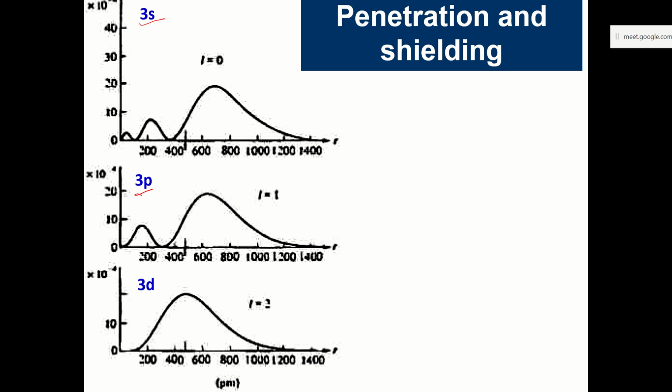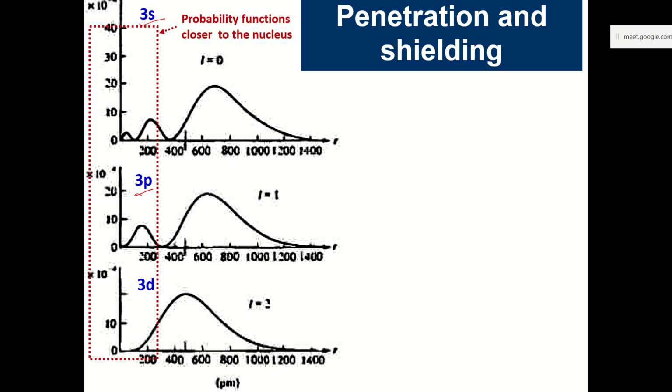Look at this point, very close to the nucleus. What do you observe? The 3s electron has a finite, non-zero probability. Look at this point, here all of this is non-zero area. So it has a finite probability of being found very close to the nucleus.